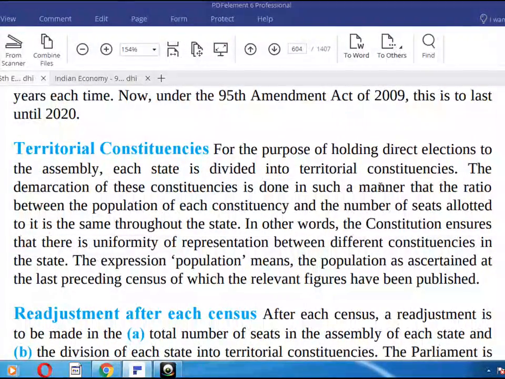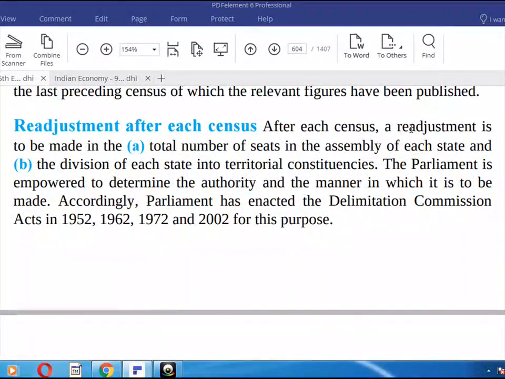The expression 'population' means the population as ascertained at the last preceding census of which the relevant figures have been published. Readjustment: after each census, a readjustment is to be made in the total number of seats in the assembly of each state, and the division of each state into territorial constituencies.